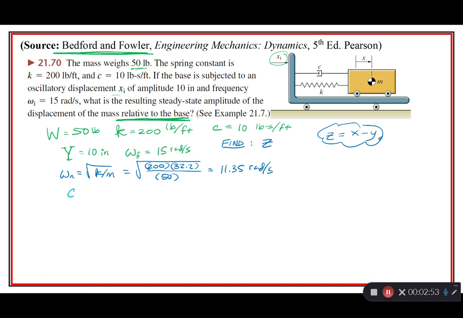And with that, we can find the critical damping coefficient of 2 times, you remember, need that 50 divided by 32.2 for the mass, and then the 11.35. And we get 35.25. And these are pound-seconds per foot.